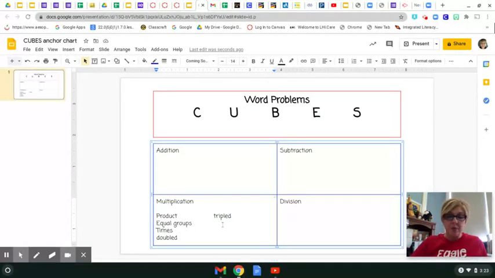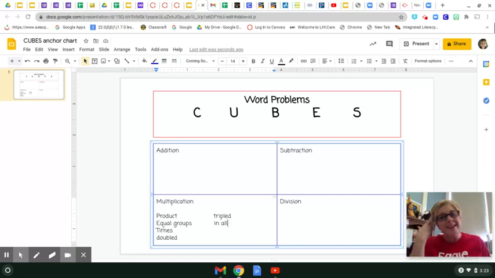I'm going to put another one up here that can be kind of tricky, but sometimes they will use the words in all. A lot of times when we see those words, that means to add. But if we're talking about repeated numbers or repeated groups, then sometimes you might see those words in all.